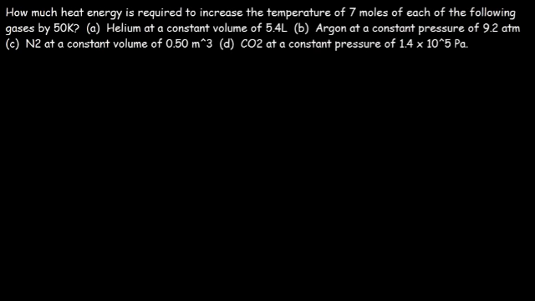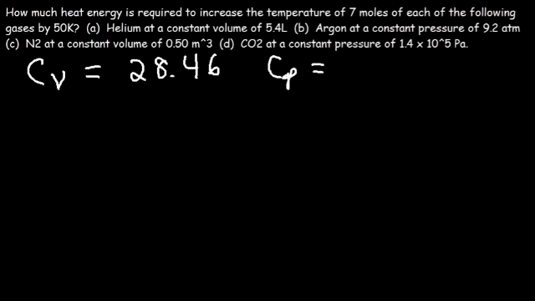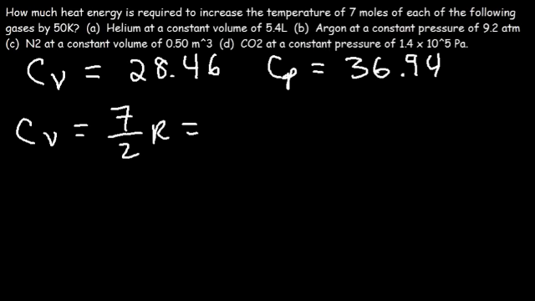Now for part D, CO2, let's talk about the values of Cv and Cp. Cv for CO2 is about 28.46, and Cp is equal to 36.94. So now if we approximate Cv using the equation 7 over 2 R, this is going to be 8.3145 times 7 divided by 2, and that's 29.1.